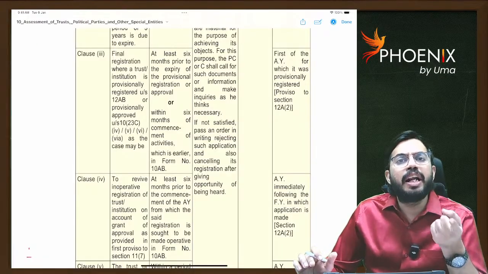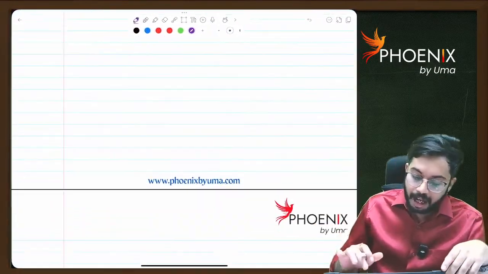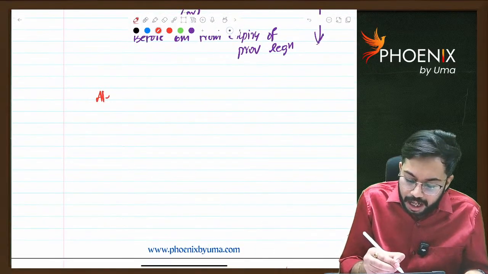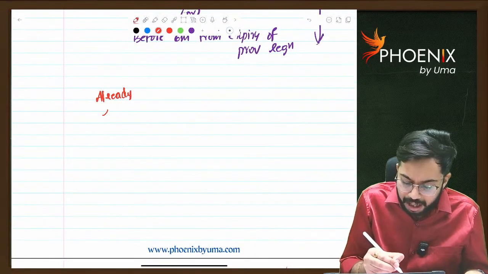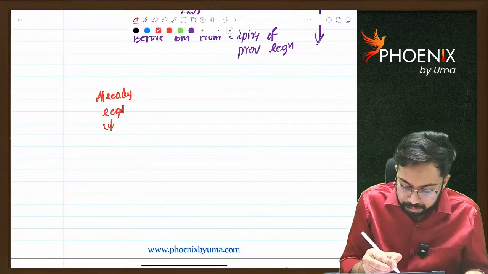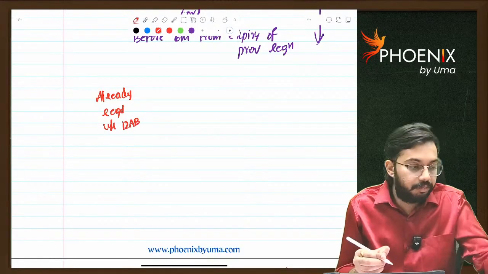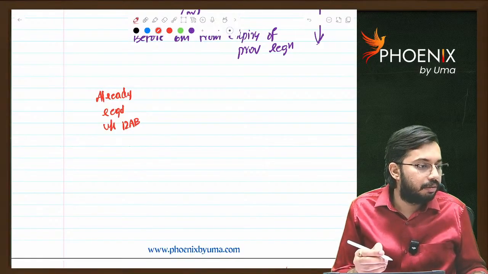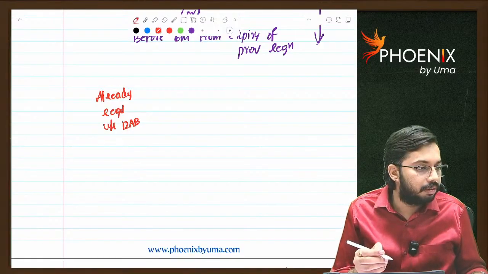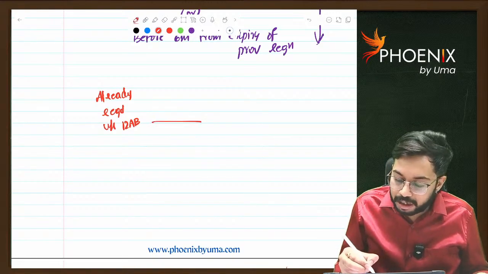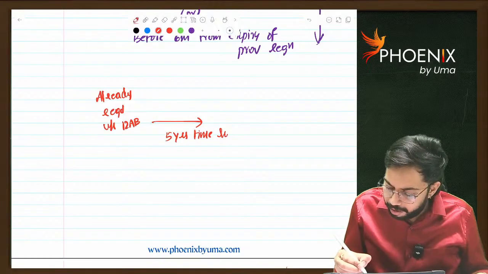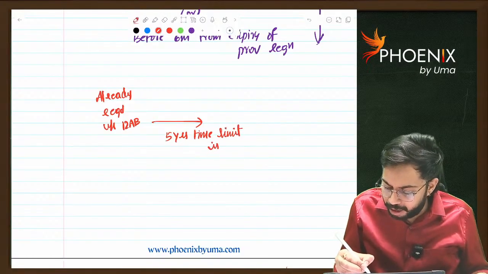Trust is already registered under section 12AB. I said na, every few years they need to get renewal. So the trust is already registered under section 12AB, and the 5 years time limit is getting over.